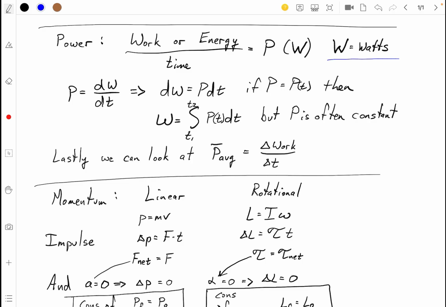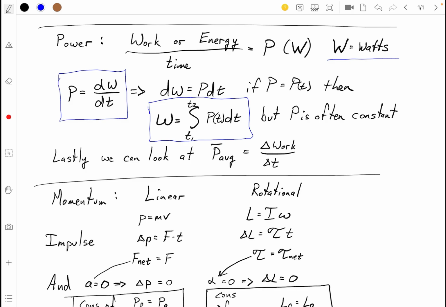All right, so if it's energy per time or work per time, then you can get instantaneous power by doing the derivative of the work. That's if the work was a function of time, right? That leaves us with this integral. If we do a little algebra, we get that integral.